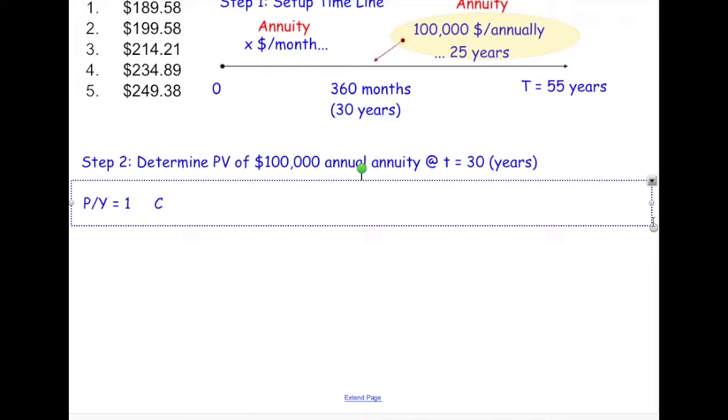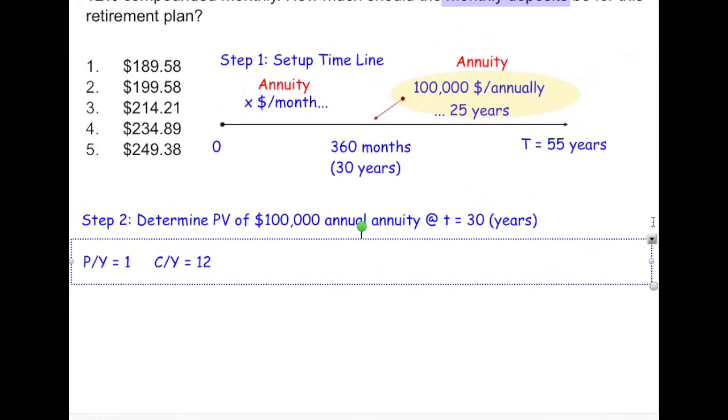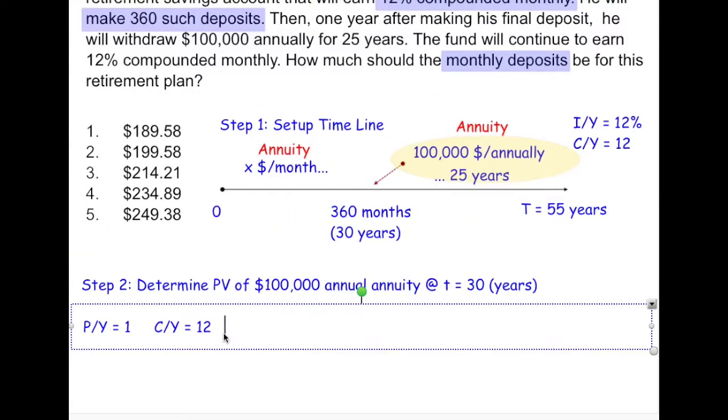For CY, we're going to set the calculator to 12, simply because the interest rate that is offered to us is compounded monthly. For payment, we're going to put the dollar value of the payment, which happens to be 100,000. For N, we're going to put the number of years multiplied by PY. So since it's annual payments, N is simply going to be 25.